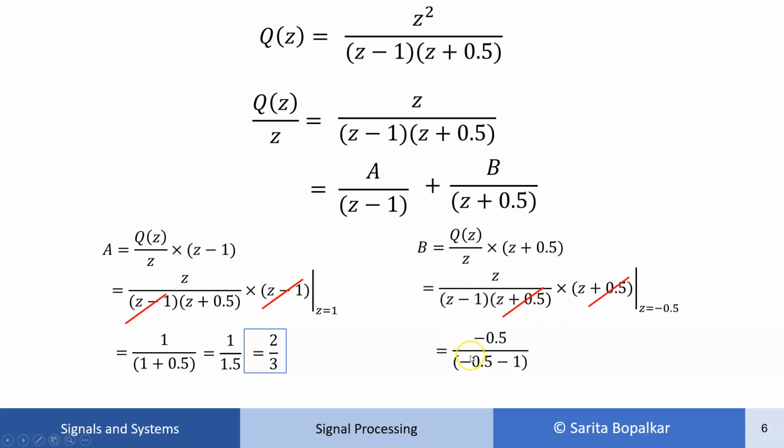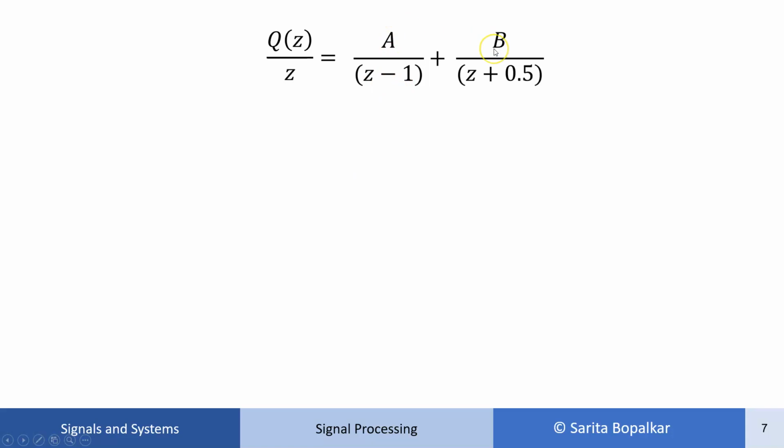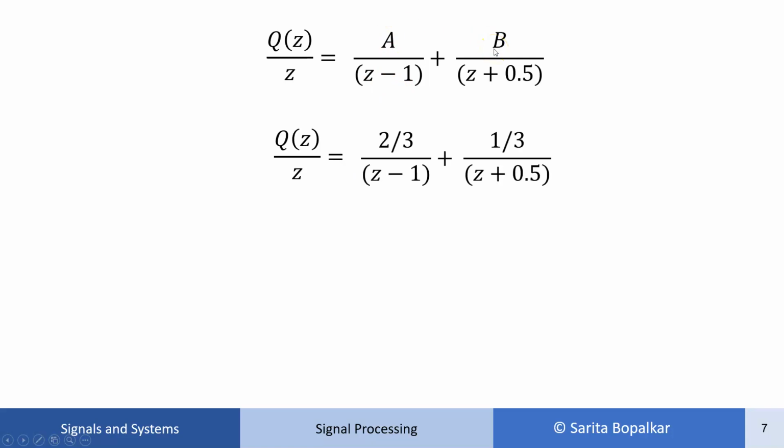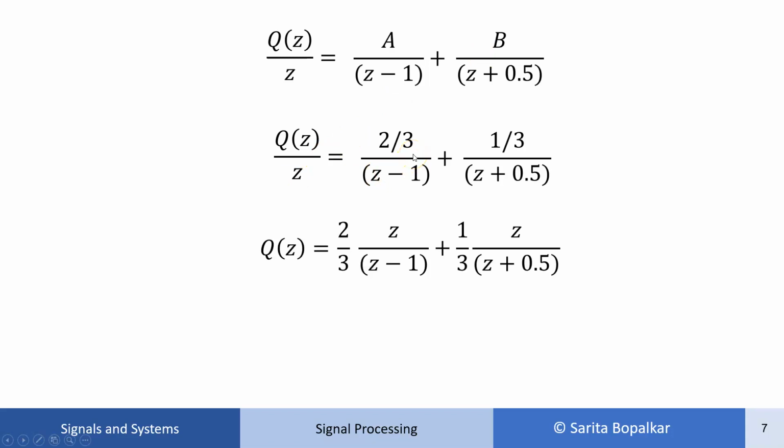Let's put it in and what you will get? 1 by 3. So A is 2 by 3, B is 1 by 3. So for Q(z) upon z we got the A and B values. Now this z you can take to the RHS, and Q(z) is equal to 2 by 3 z upon (z minus 1) plus 1 by 3 z upon (z plus 0.5).